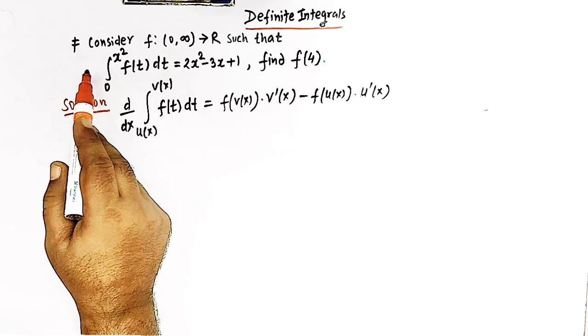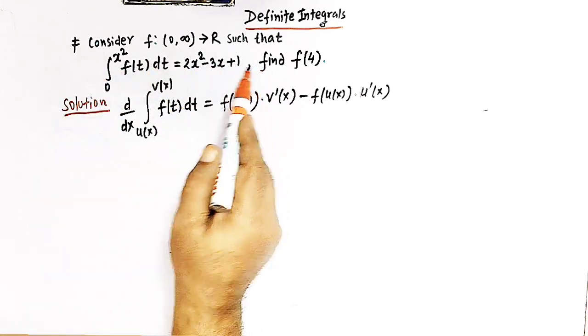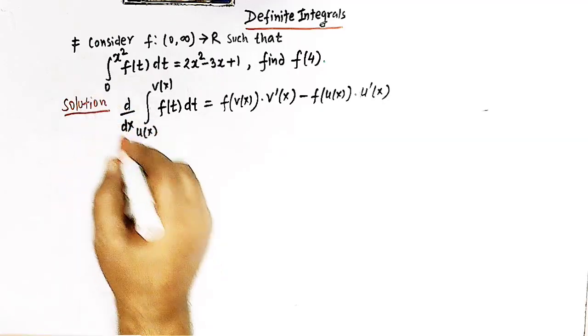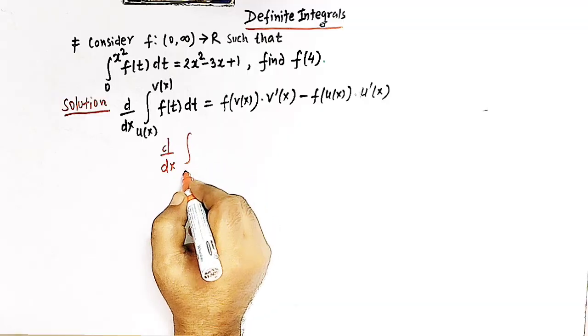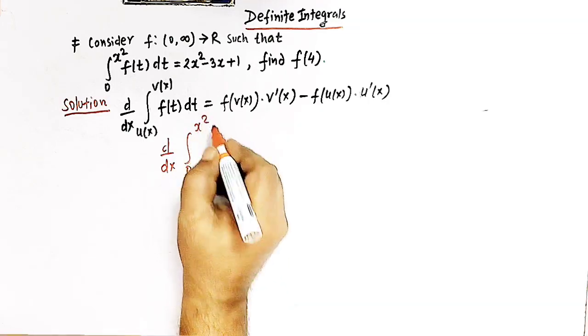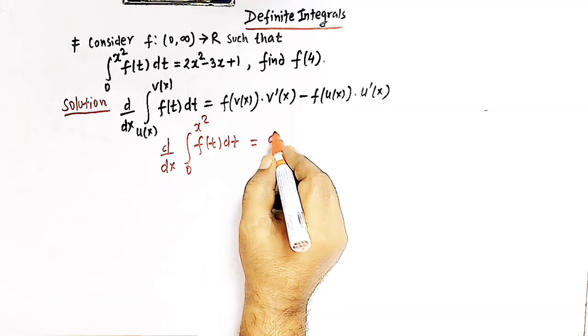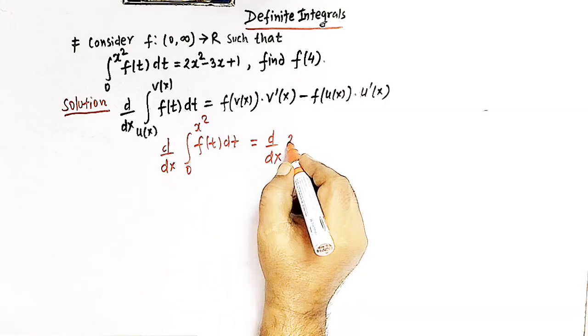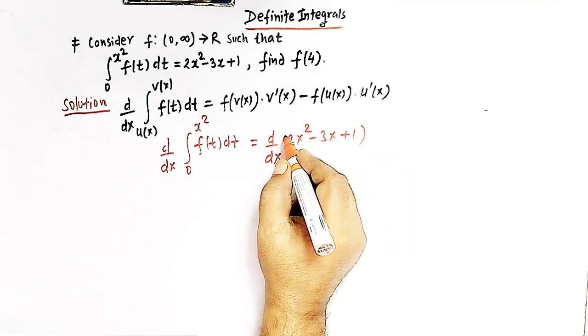So now let us differentiate this given equation both sides with respect to x. So we have d by dx of the integral from 0 to x square f of t dt, and here we have d by dx of 2x square minus 3x plus 1, right?